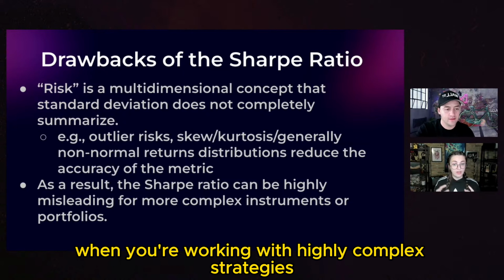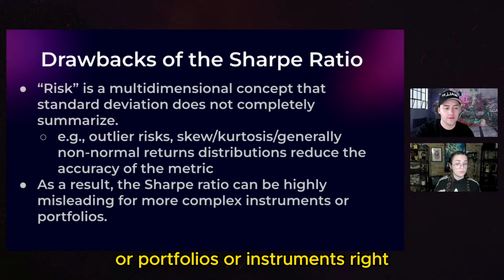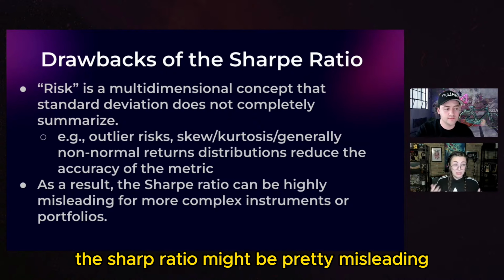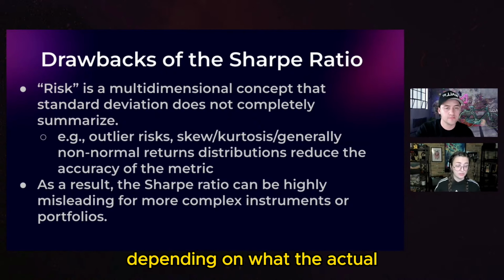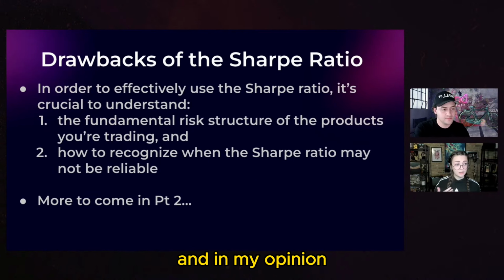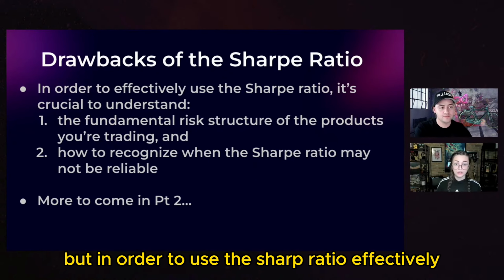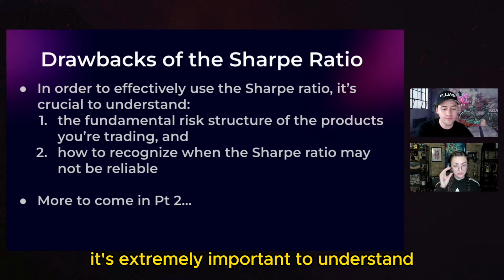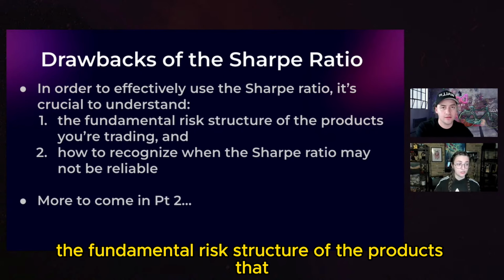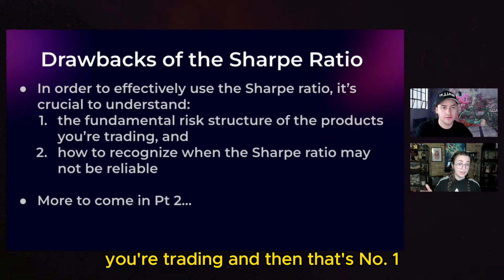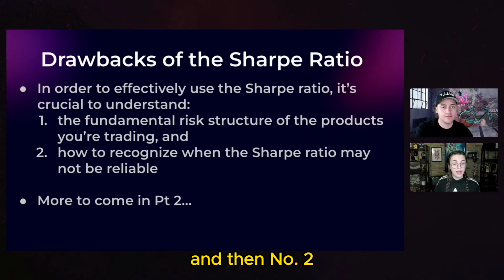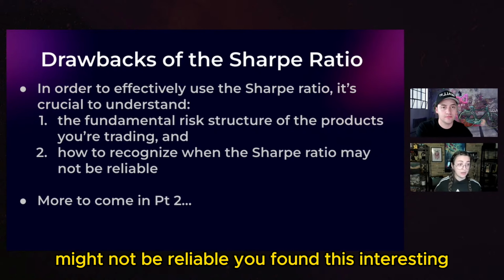So when you're working with highly complex strategies, portfolios, or instruments, the Sharpe ratio might be pretty misleading depending on the actual underlying distribution. In my opinion, it still has a lot of utility, but to use it effectively, it's extremely important to understand the fundamental risk structure of the products you're trading. That's number one. And number two, how do you recognize when the Sharpe ratio might not be reliable?